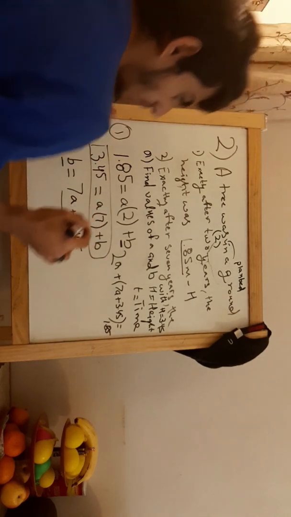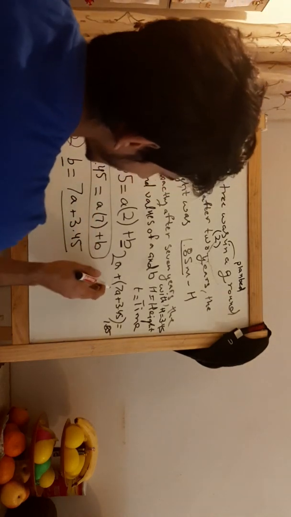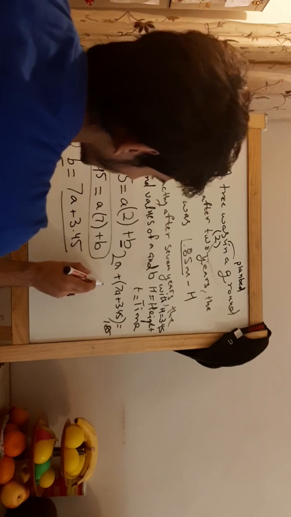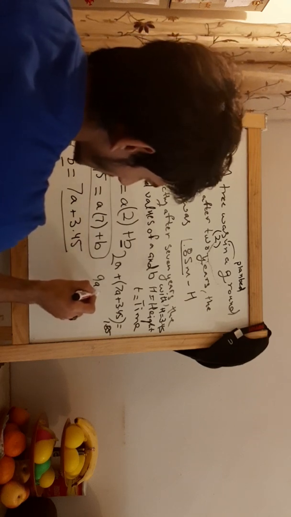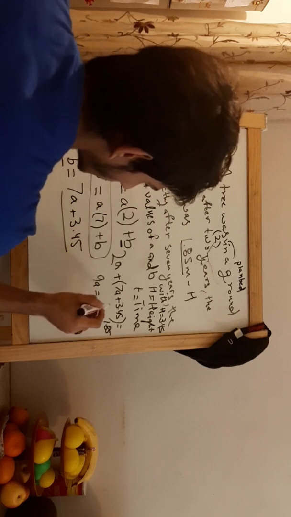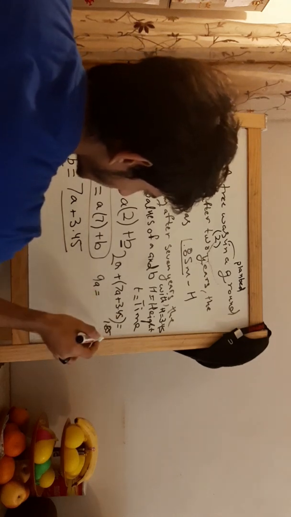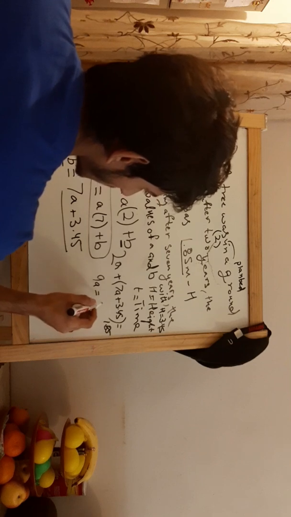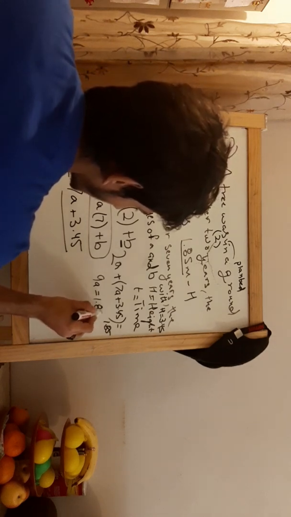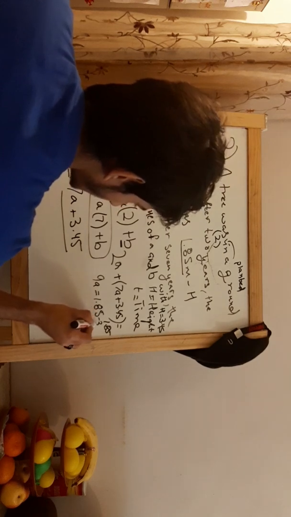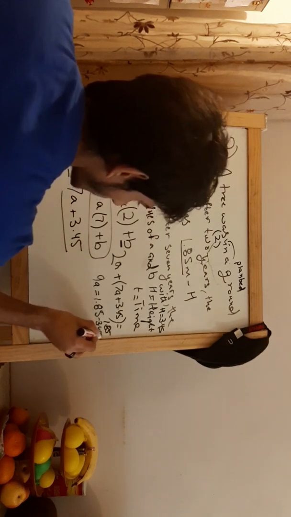So what we're gonna do here is 2a minus 7a will give us, equals, we're gonna take this on the other side, 1.85 minus 3.45.